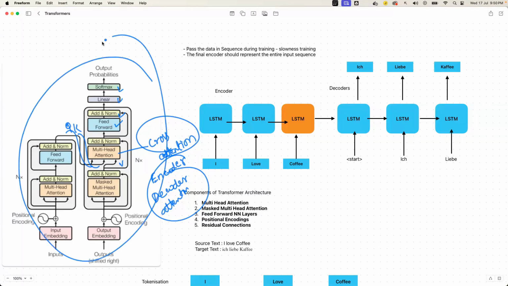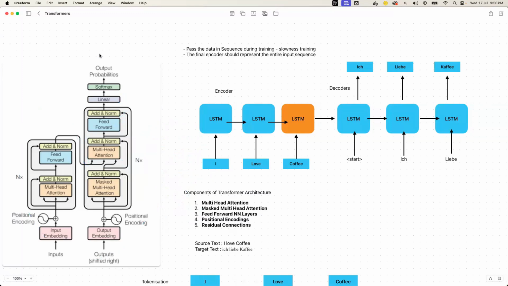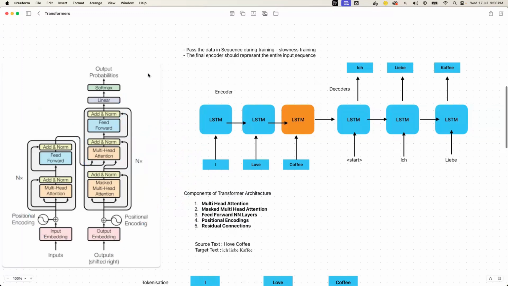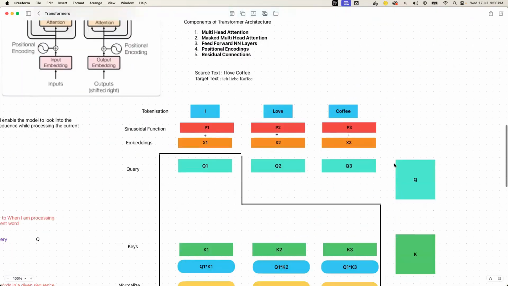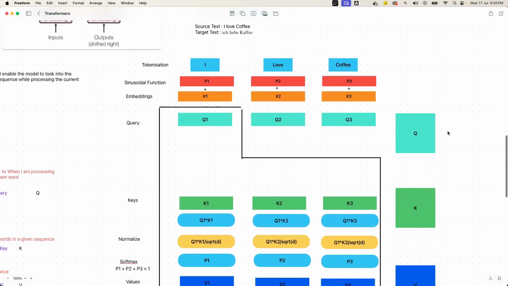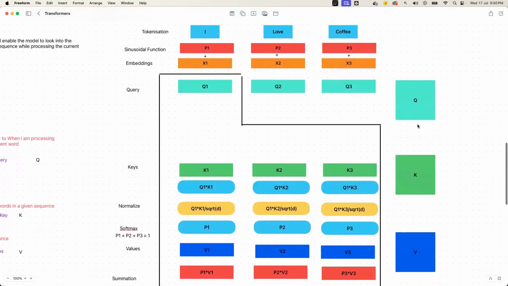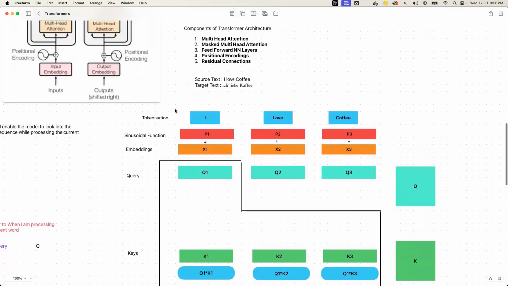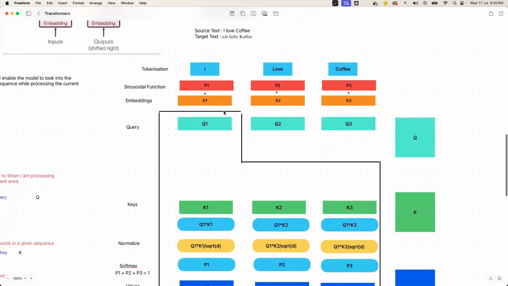So this is how the overall architecture and the key components of this architecture would work. In each of the masked multi-head attention, it does the same thing. Q, K, and V get the value, multiply X into Q1. So whatever X that we have got will get the same.